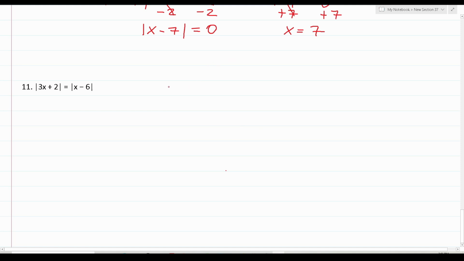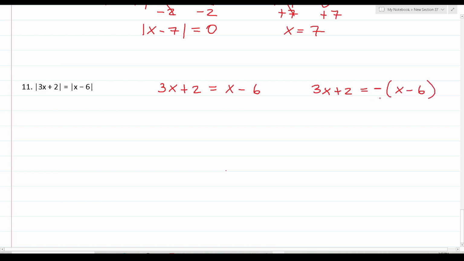First, we're going to drop the absolute value bars, so we're going to have 3x plus 2 equaling x minus 6. That's one possible solution. And our other possible solution will be this: 3x plus 2 equaling, we're going to take a negative and distribute it to everything else in the second absolute value. So that's going to be negative x minus 6.